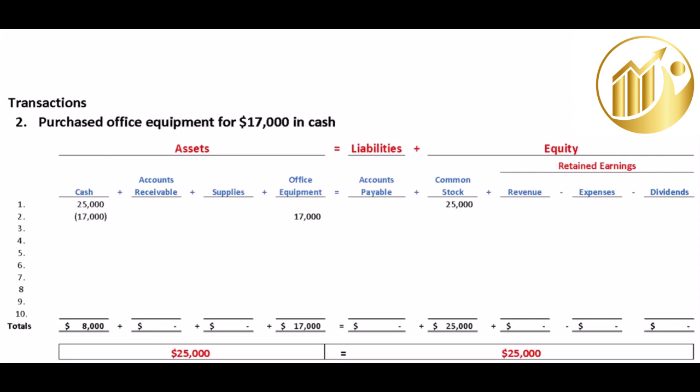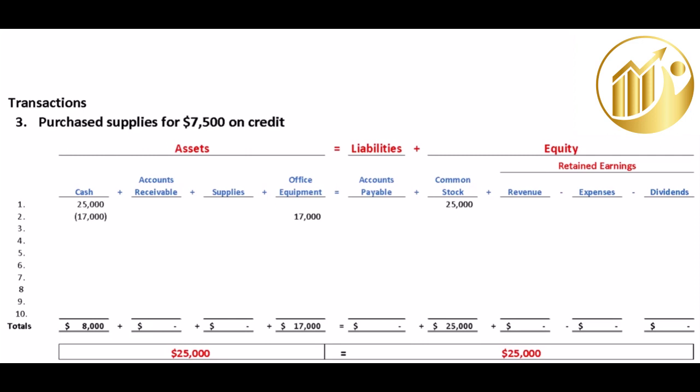Our third transaction: purchased supplies for 7,500 on credit. Now the company is not paying cash, but instead they are paying on credit, so their debt or obligation will increase. That is a liability, and the account that we are utilizing is accounts payable.